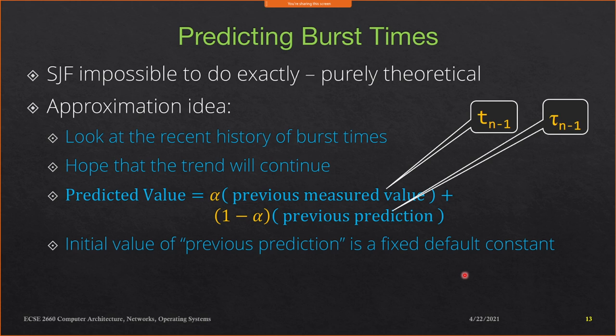And for the prediction, we are using the Greek letter tau. So for the measured value, t, and for the prediction, tau. Both the previous measured value and the previous prediction correspond to the same n minus 1 time step.